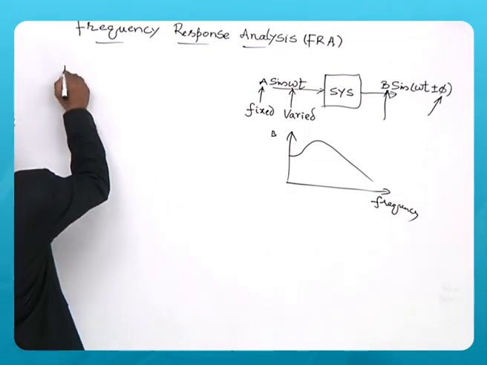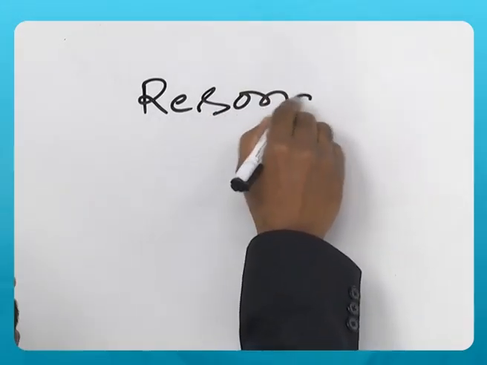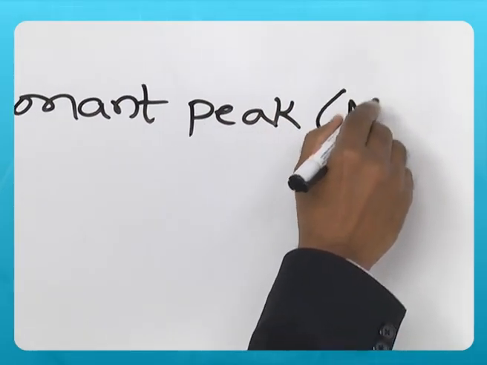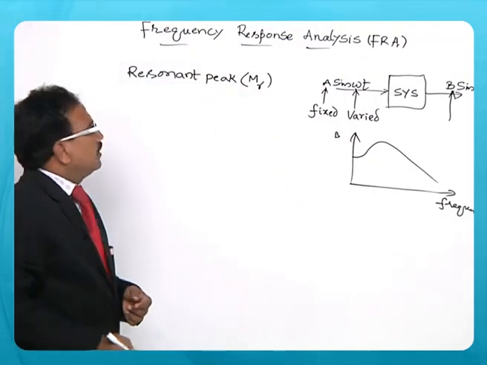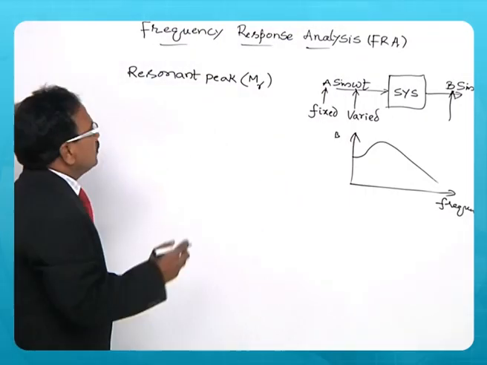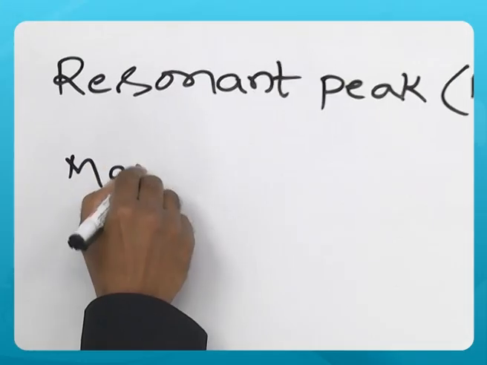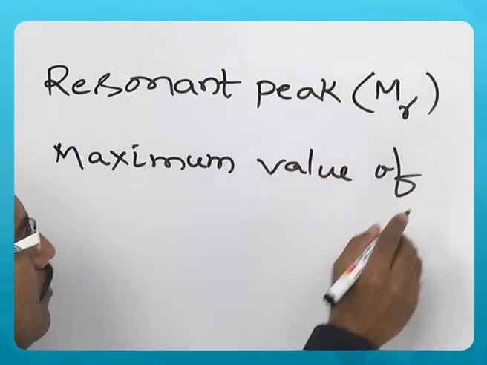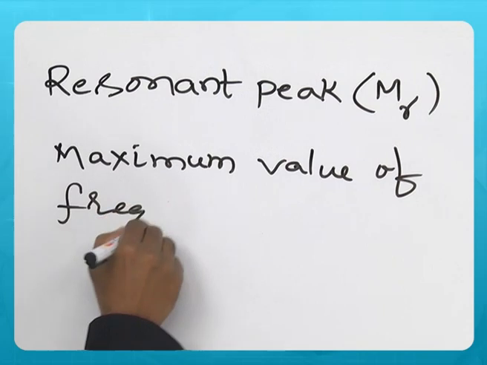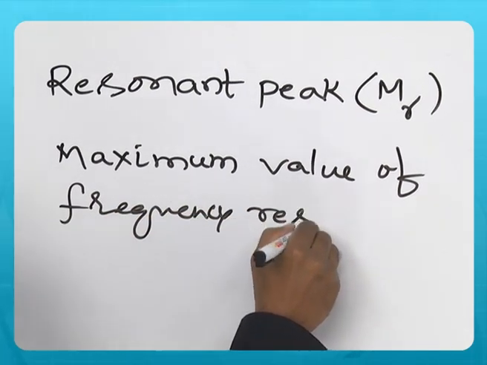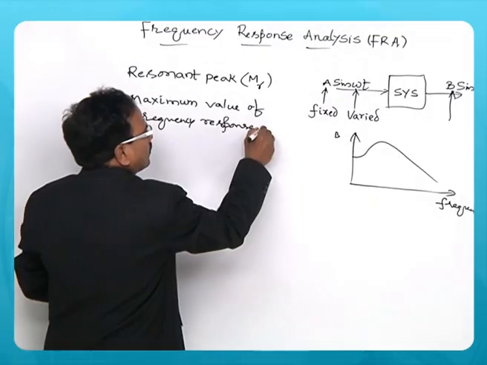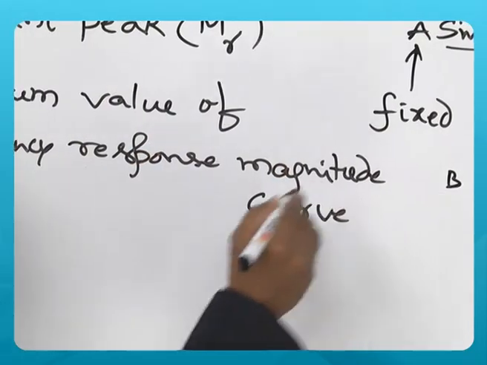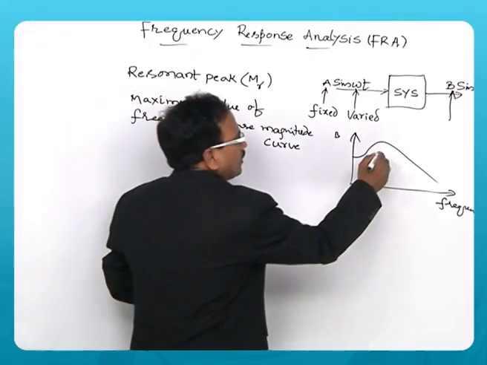So, the number one is resonant peak. It is represented by MR because it is the maximum value. The definition of resonant peak is the maximum value of the frequency response magnitude curve that is given in this diagram.